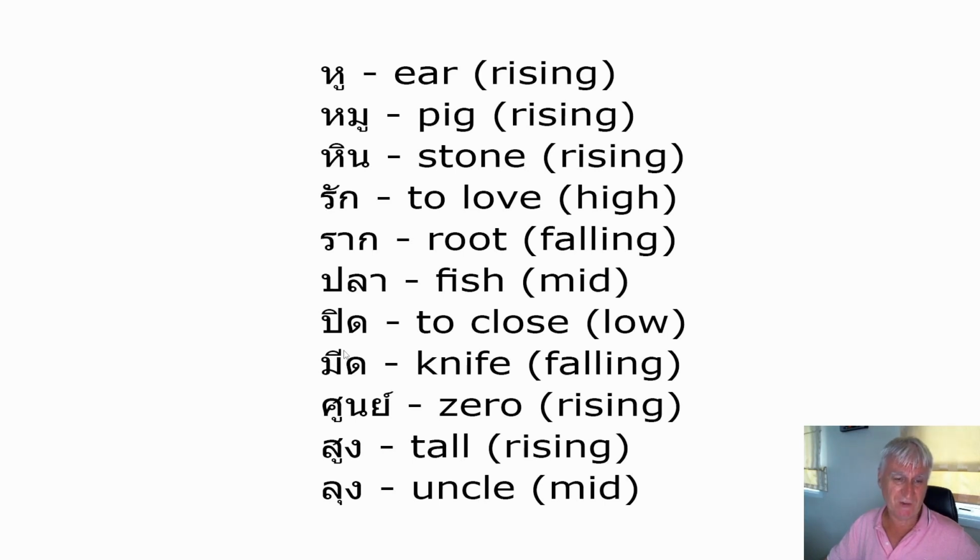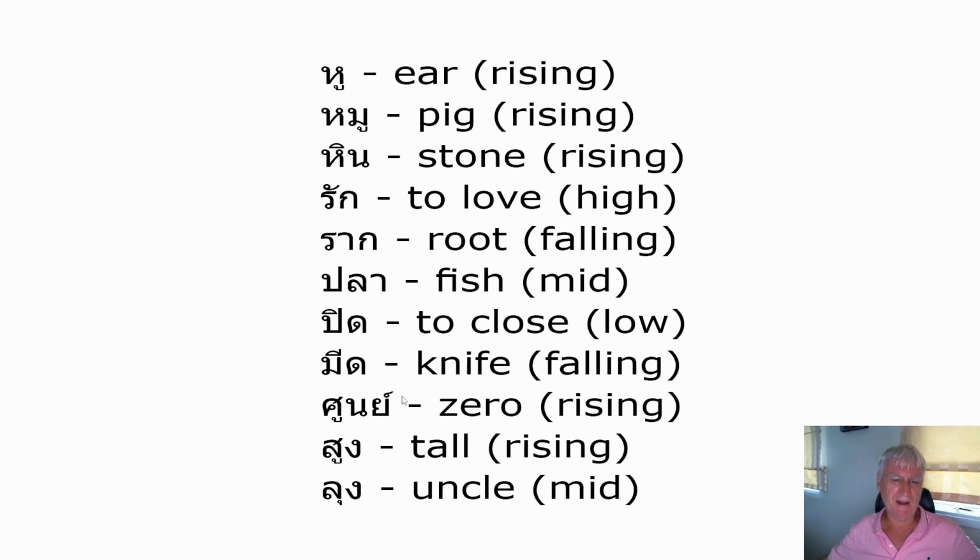And in this case, it's long, it's a long E. So low class initial consonant, dead syllable, long vowel gives us a falling tone. So we need to sort of tail off at the end of the word. So meet, knife.